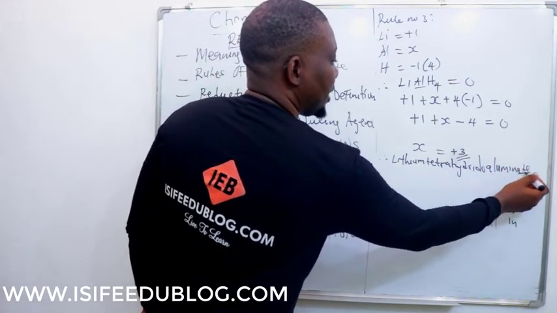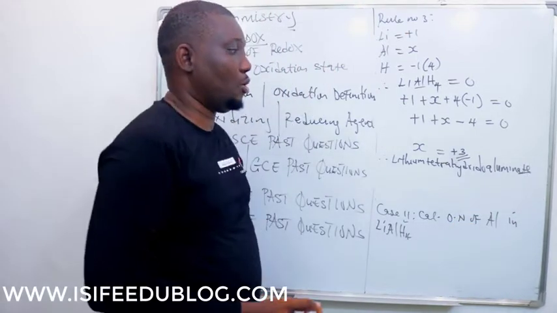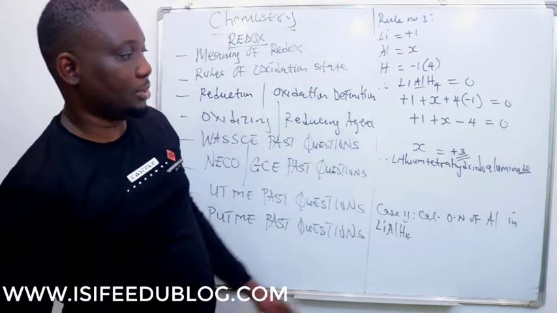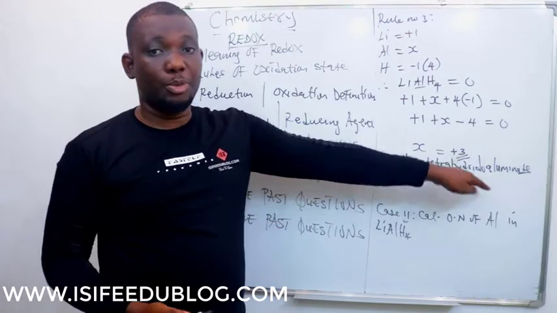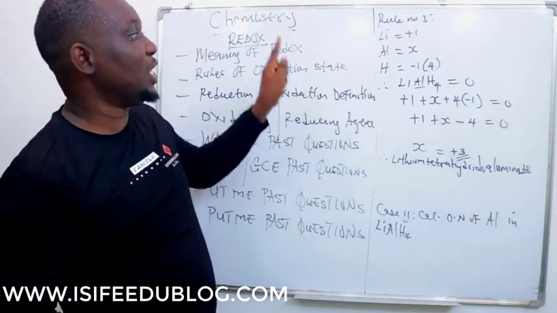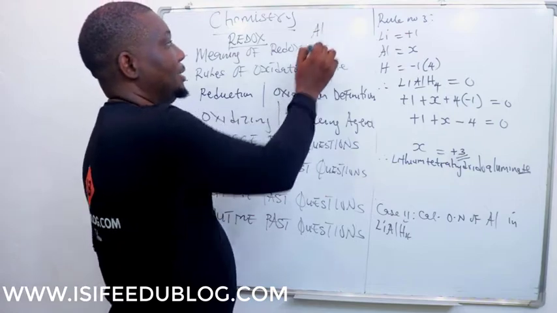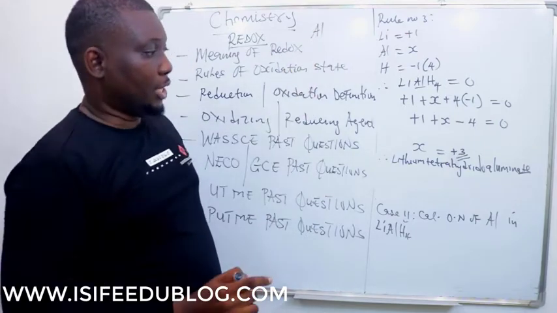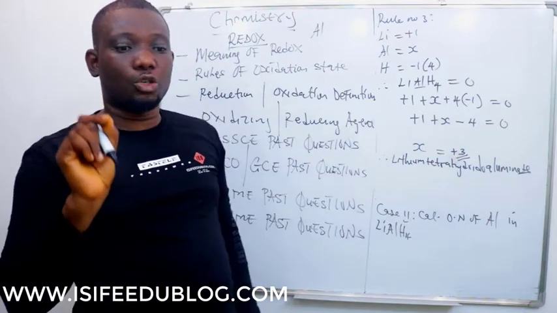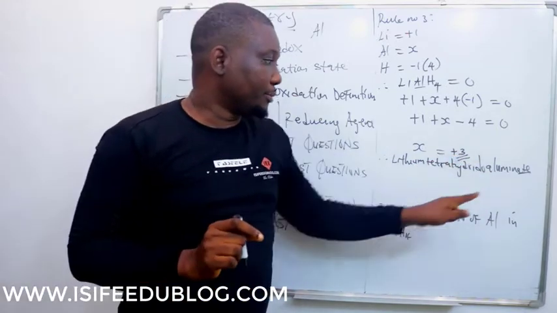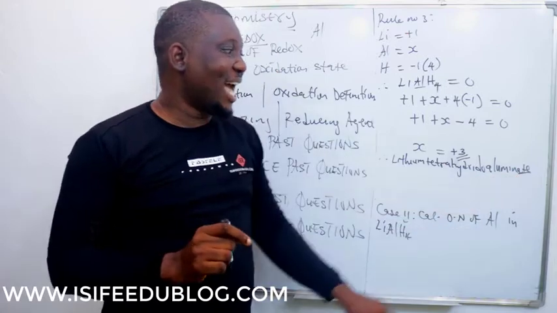Actually, what ends it will be -ate, since the oxidation state of aluminium is positive. It will be aluminium if it is uncombined. But in the case where aluminium has an oxidation number of +3, it's going to end in aluminate.